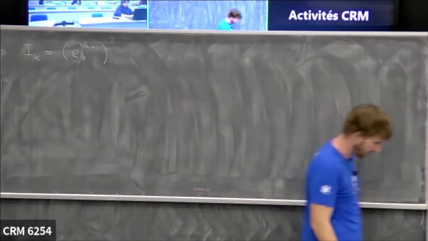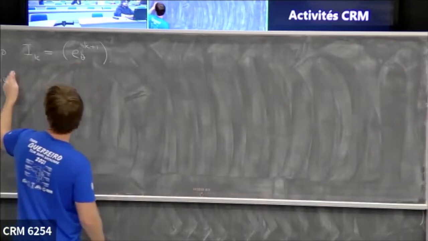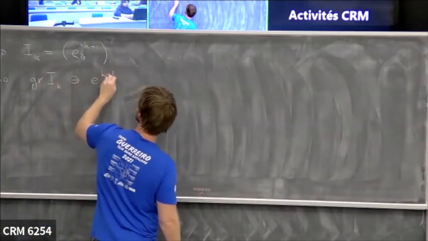So what does this mean? I'll take gr of this element, but it's already homogeneous, so gr of that is the same thing. So it retains theta to the k plus 1.